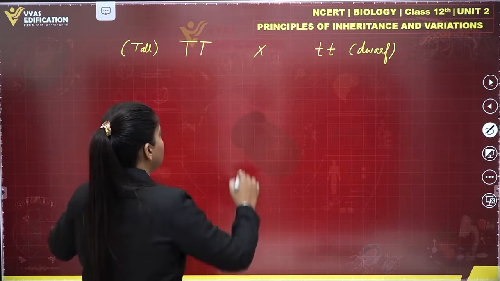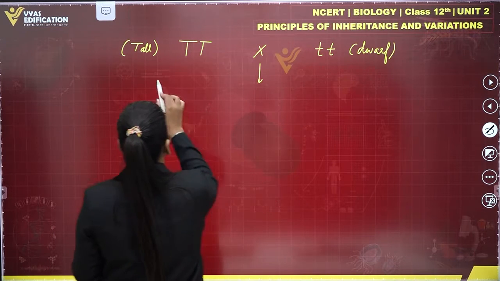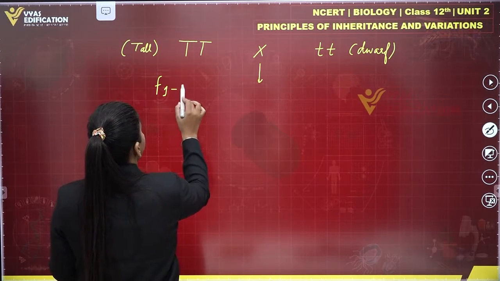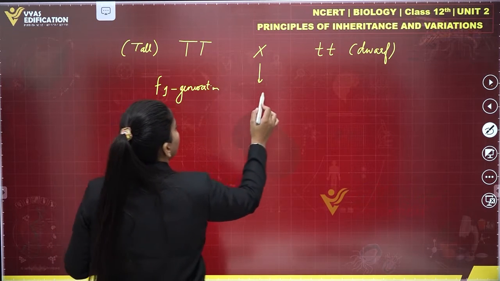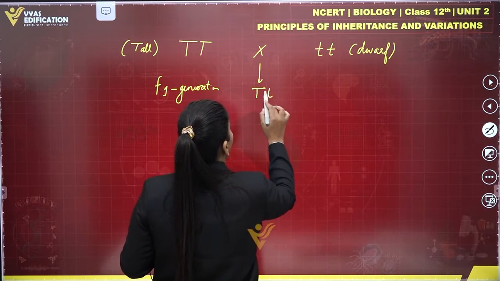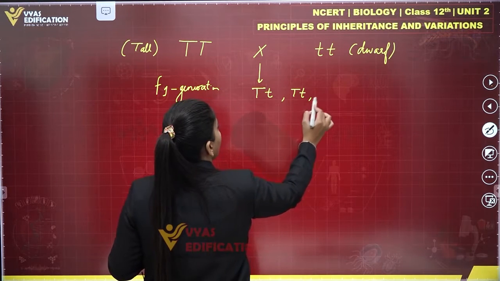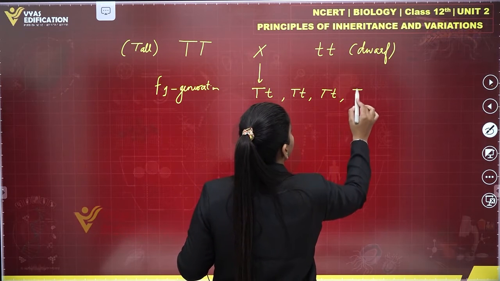He crossed these two plants, and in the F1 generation, what did he find? In the F1 generation, or the first progeny, he found that all plants were tall, but they were heterozygous tall.